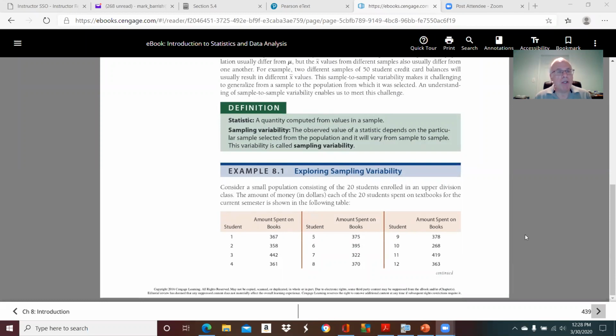The first thing that we want to define, something we talked about earlier in the course, is what's called a statistic. A statistic in this textbook is a quantity computed from values in a sample. So we take a random sample, and maybe we're measuring the heights of 50 people in the sample.